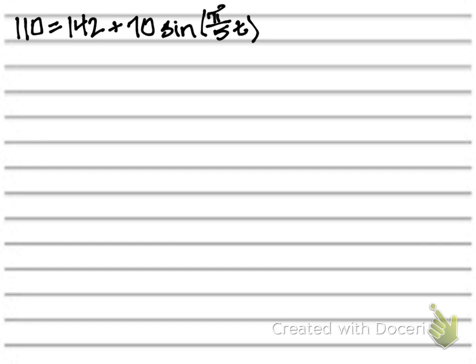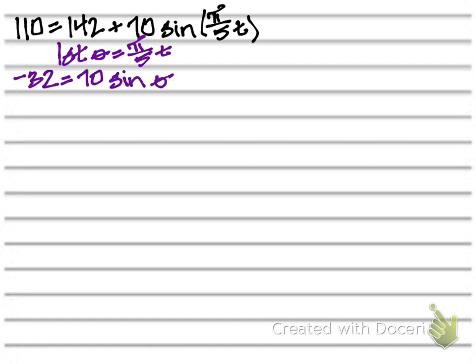So let's go ahead and make the substitution, and we're going to let theta be pi over 5t. So if I subtract the 142, I'm going to have negative 32 equals 70 sine theta.